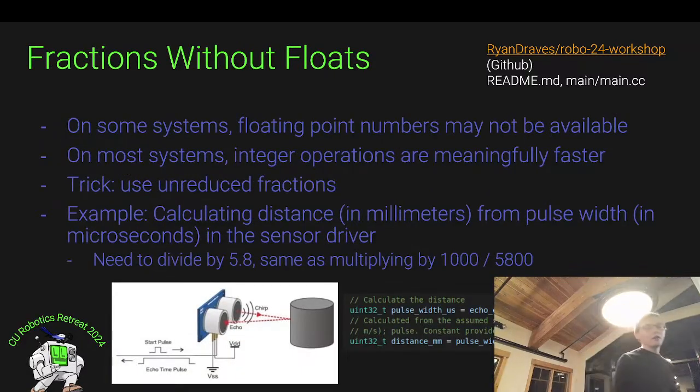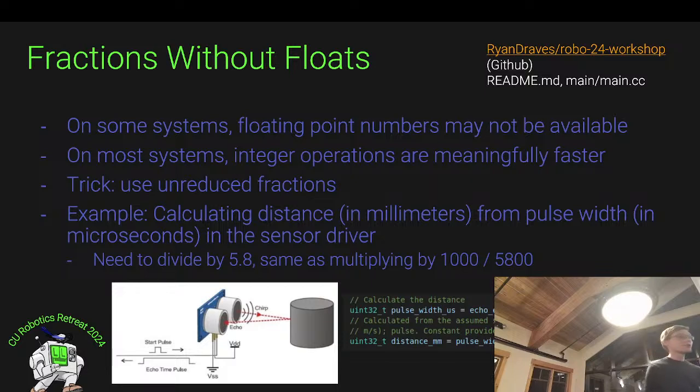Okay, going a little bit closer to the hardware and some logistics on dealing with the values that it reads out. Another idea here is that you can still do fractional math without floats. And a neat trick you can do is to simply multiply and divide by really large numbers, unsimplified fractions. On some systems, you just flat out don't get floating point support. On this ESP32, it's very nice to you.